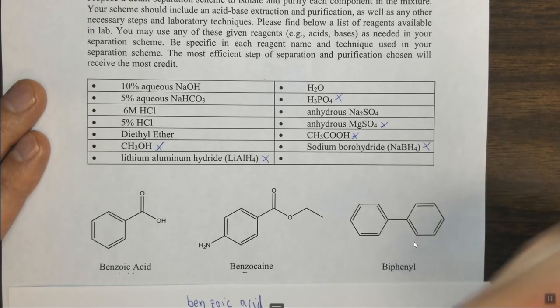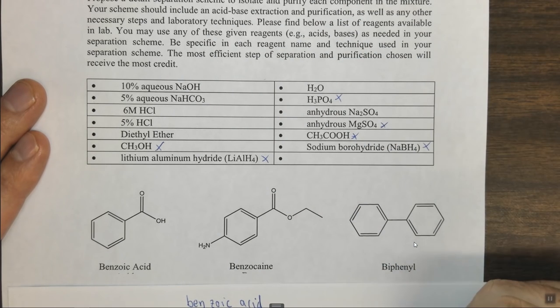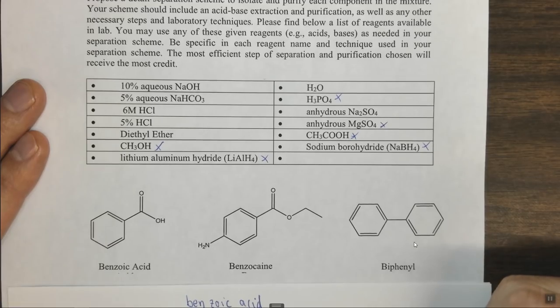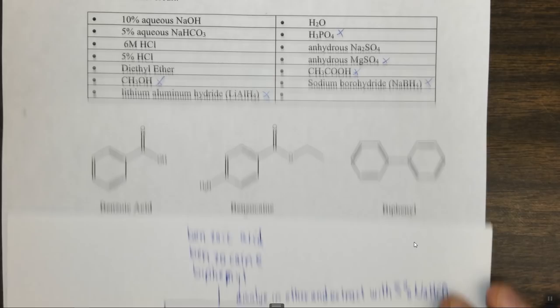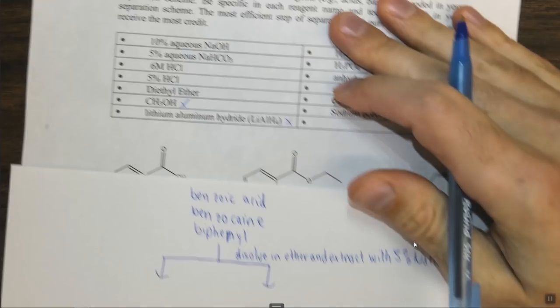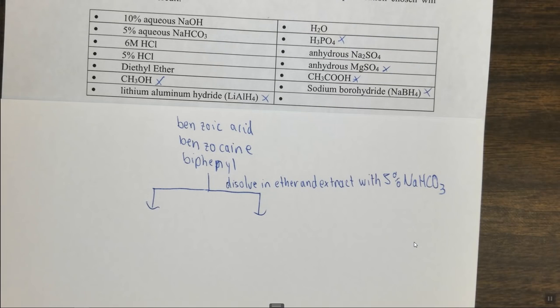In this case, I'm going to get rid of the benzoic acid first, so I'm going to extract with the base first, which is 5% NaHCO3. Well, what happens when you add NaHCO3?